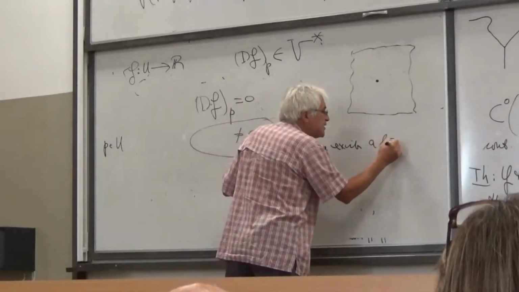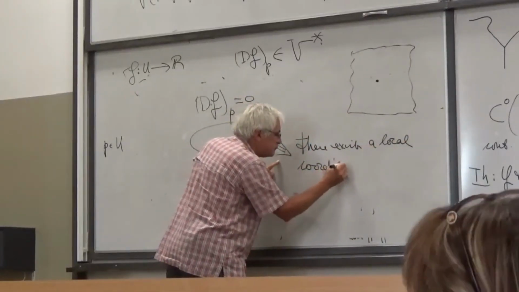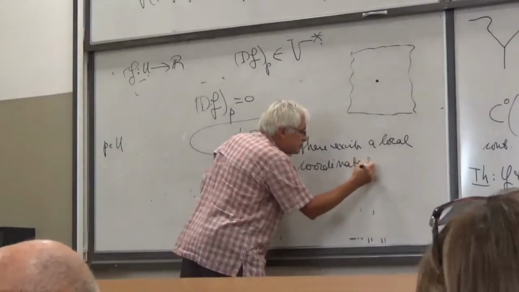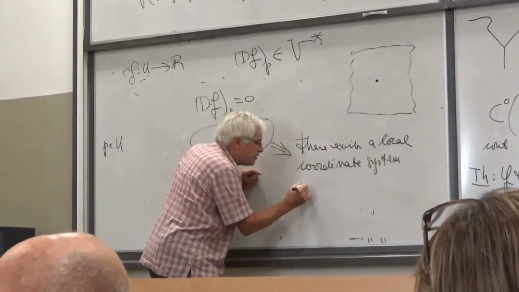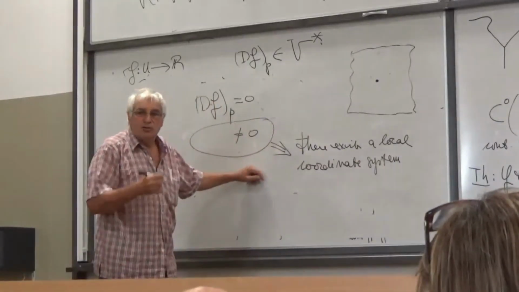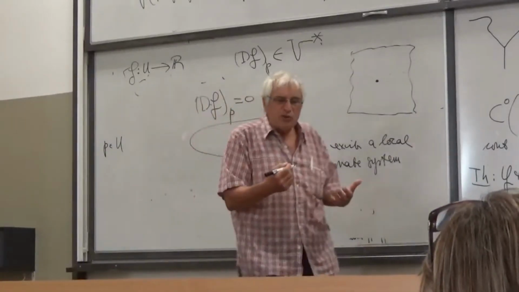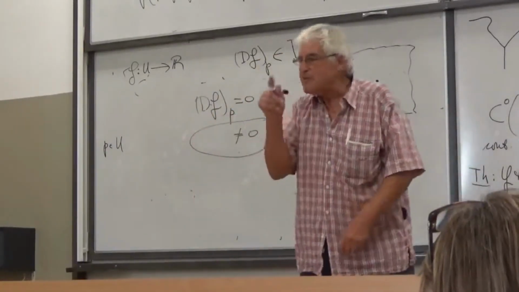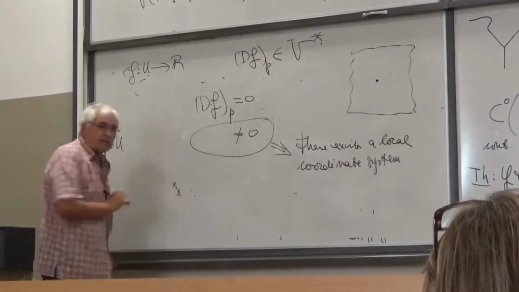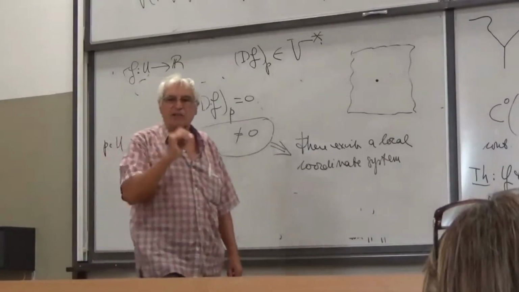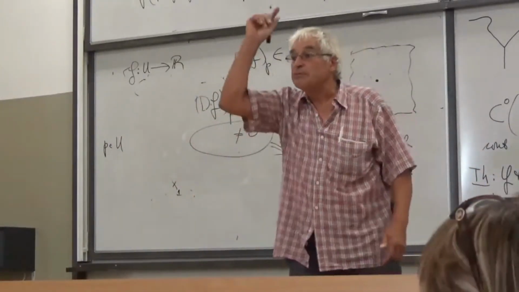a local coordinate system. What is a coordinate? People say a coordinate, they use this letter, they say first coordinate. But what is in fact a coordinate? It is a map.